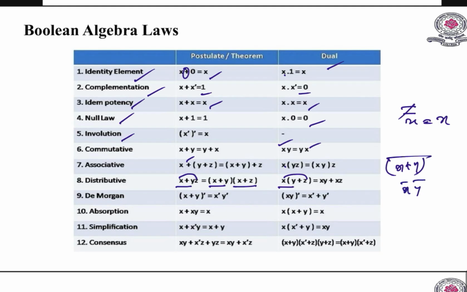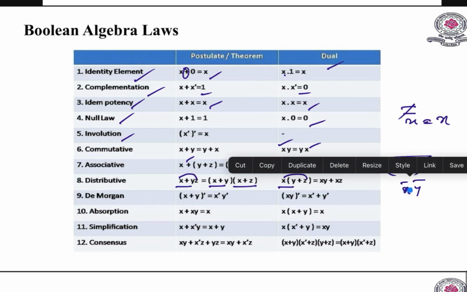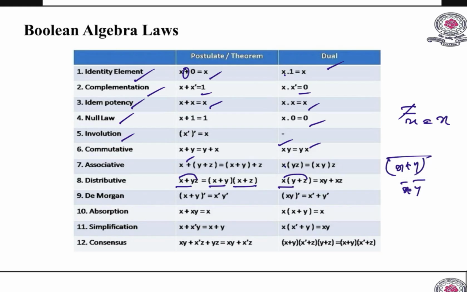So this plus operation will be replaced with the dot, and then the complement will be distributed. And the dual of this one is (xy) whole bar, which is nothing but x bar + y bar. So here the dot operation will become plus, and this is bar and this is bar.